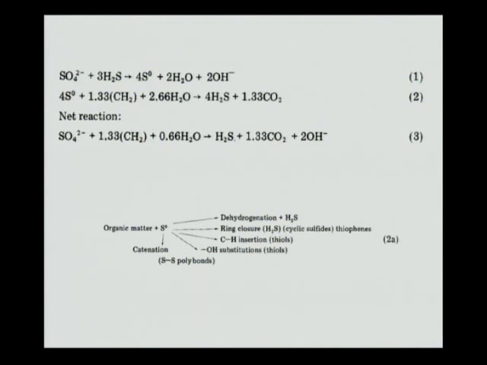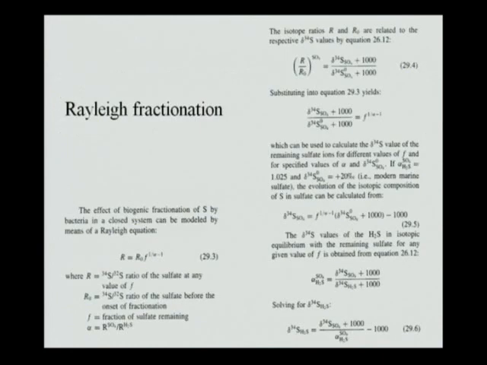And then things start moving. That reduction reaction can be modeled using Rayleigh fractionation. And without going too much into the systematics, the important thing is that the ratio at a given time is related to the initial 34/32 ratio and the fraction of the sulfate remaining, to the power of 1 over alpha minus 1, where alpha is the fractionation factor.